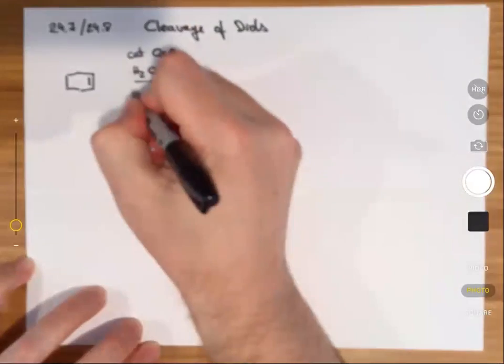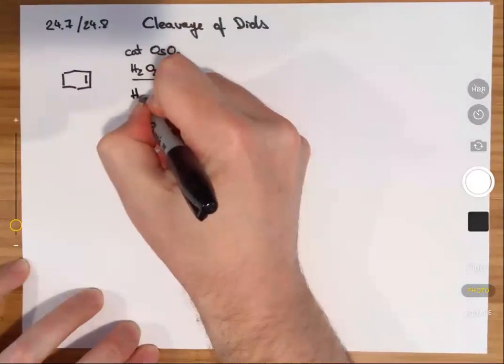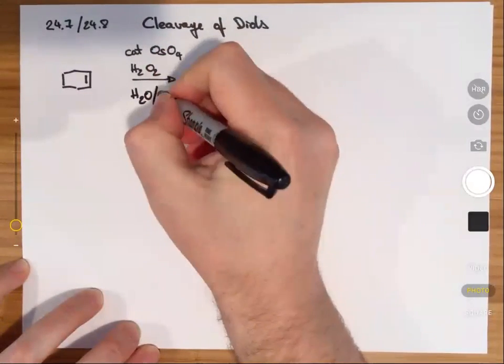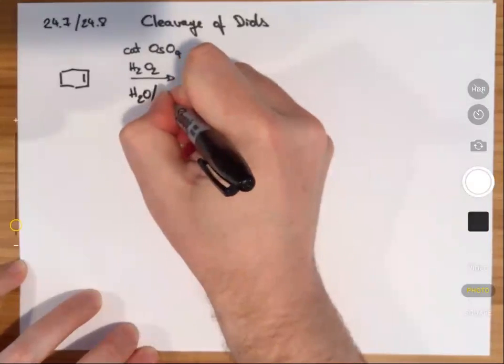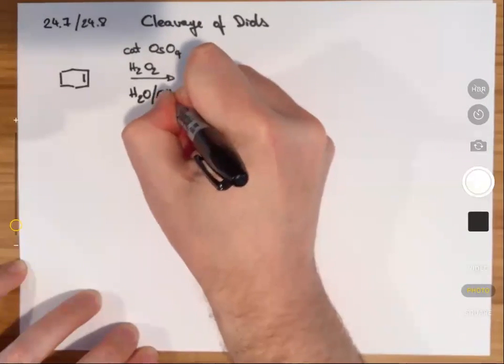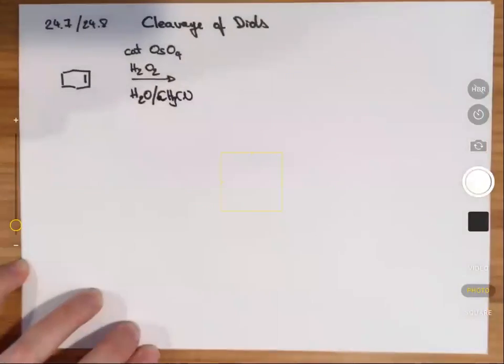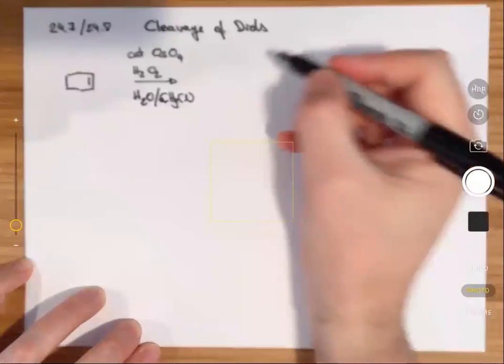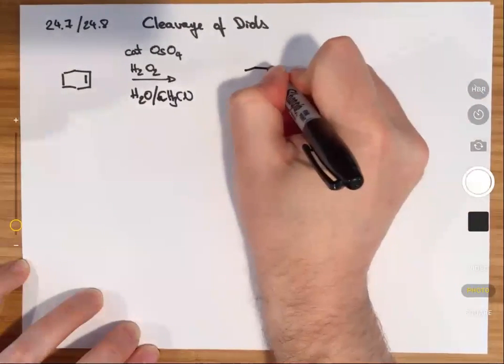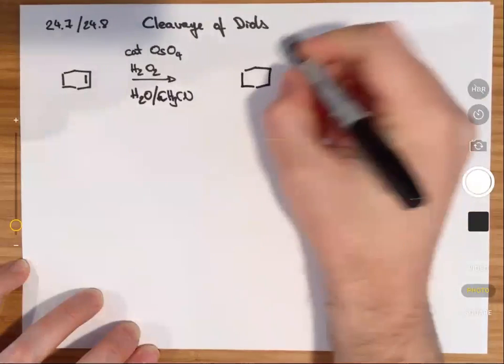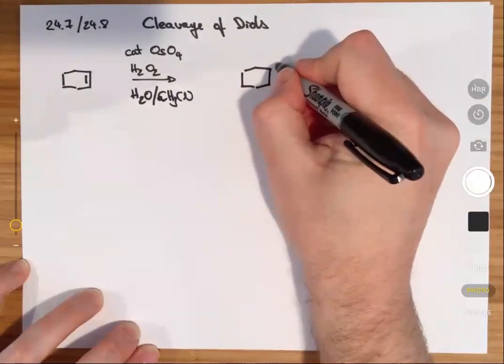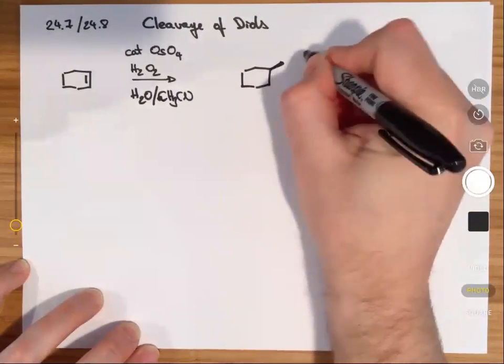This can be recycled inside the reaction flask by adding a stoichiometric oxidant, and this is usually hydrogen peroxide, so H2O2, and that's the stoichiometric oxidant. And then you usually run this in a mixture of water and acetonitrile, CH3CN. And what this generates is a diol, and it's a syn or cis diol in this case.